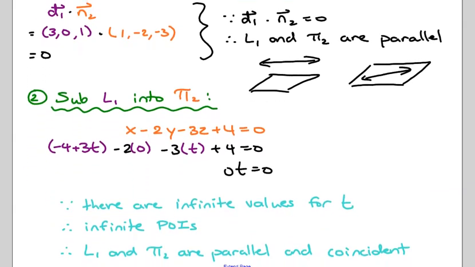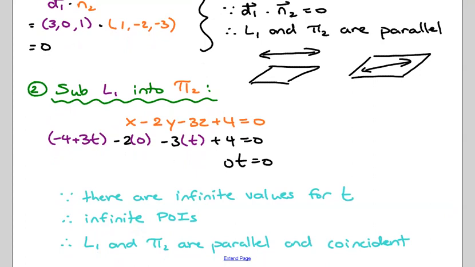And so when I do that, I get my t value as anything, because 0 times any number will give me 0. So there are an infinite number of solutions for t. That means that there are infinite points of intersection, and that line 1 and plane 2 are parallel and coincident. So we're talking about this guy right here.